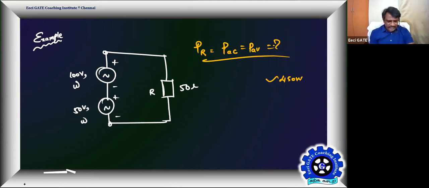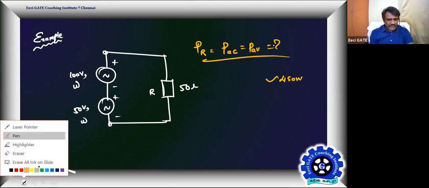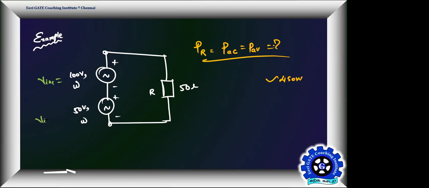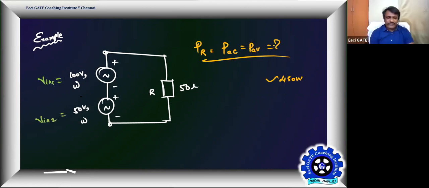Okay, how have you made it? You just added the two values. This is V in 1, and this is V in 2. V in 1 is 100, V in 2 is 50. So probably you calculate the average power as 150 square by 50, correct?